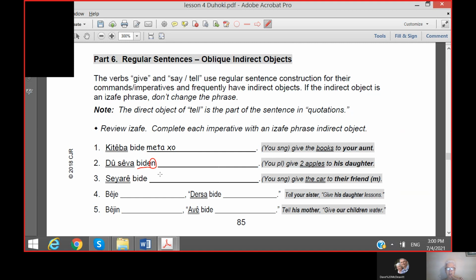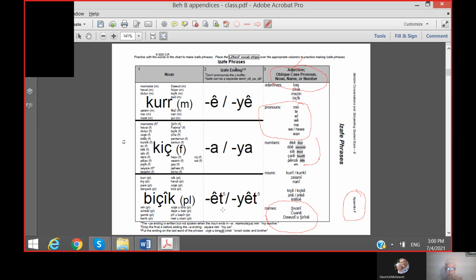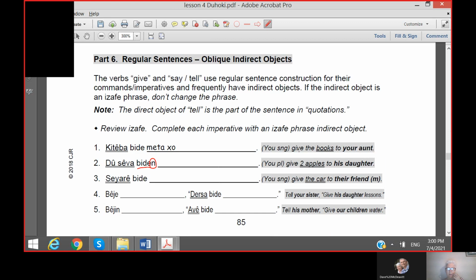How are you going to say his daughter? You can find that from your Appendix F. So daughter is kitch. We. Du seva bidden kitcha we. Okay, you do the next one on your own.